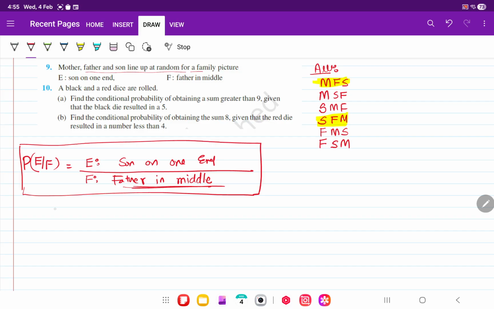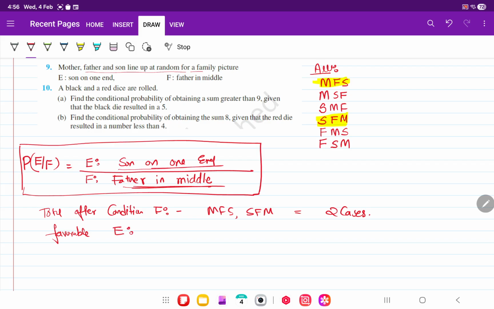So let me write down total after condition. After condition means only for F we are looking. So for F, MFS is favorable or SFM is favorable. So two cases are favorable. Out of that, we need only favorable for E, where the son is on one end.